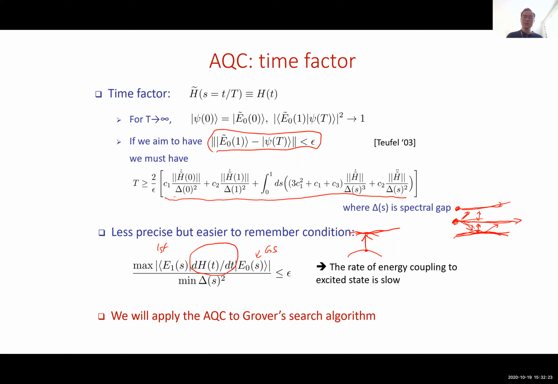Does that make sense? If the transition rate is slow, in some sense, this is the transition rate. If it's small, then we will not make much transition to the excited state.